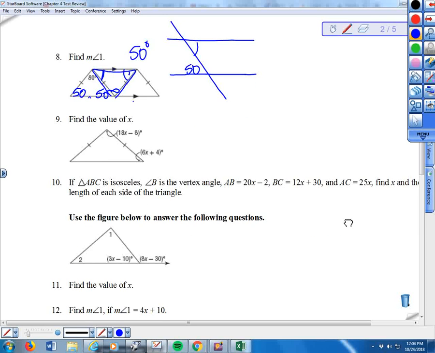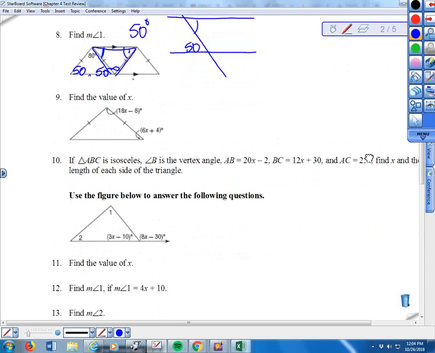Okay, find the value of x here. Well, I'm given two angles, and I'm given it's an isosceles triangle, but these two angles are not equal based on the isosceles triangle theorem. The base angles theorem says these two angles are equal. So I know I've got 6x plus 4 plus 18x minus 8 plus this angle is also 6x plus 4.